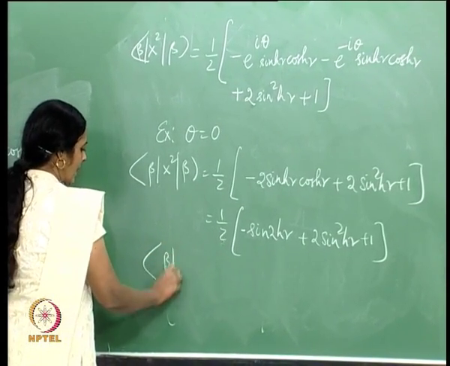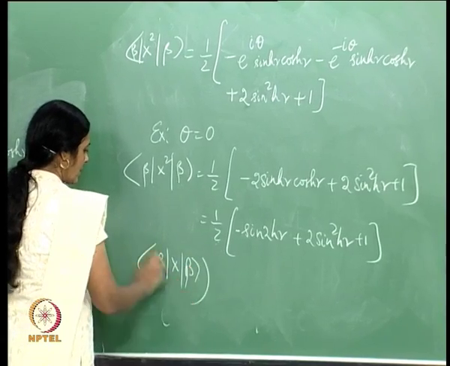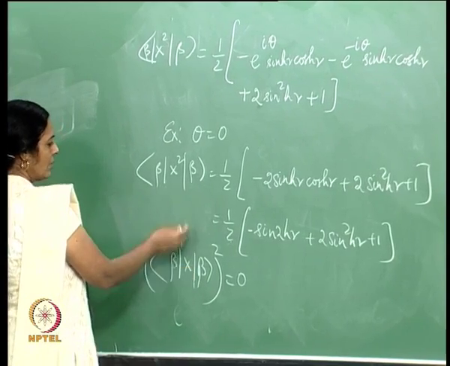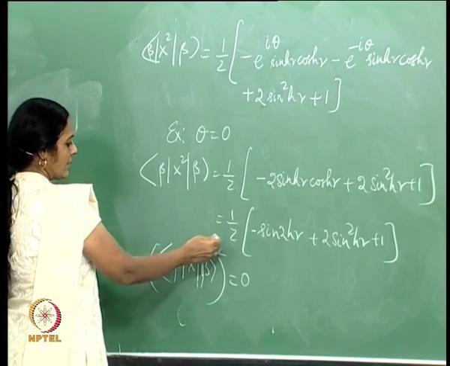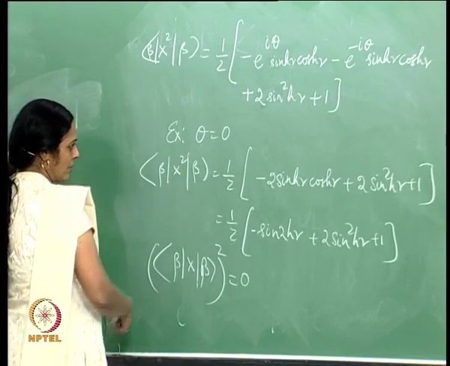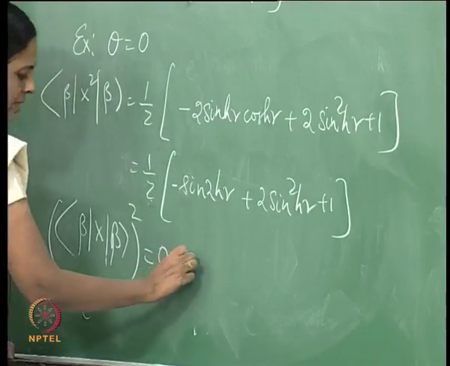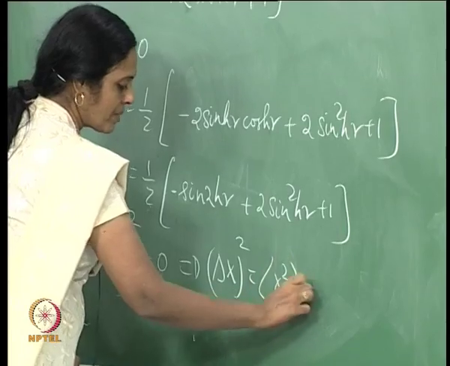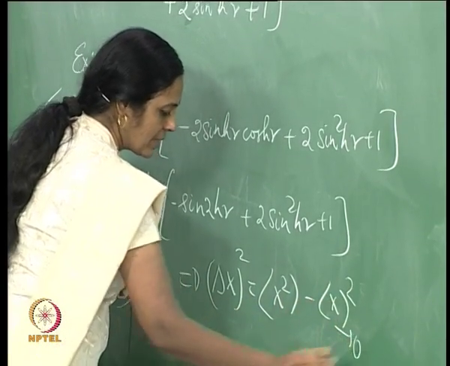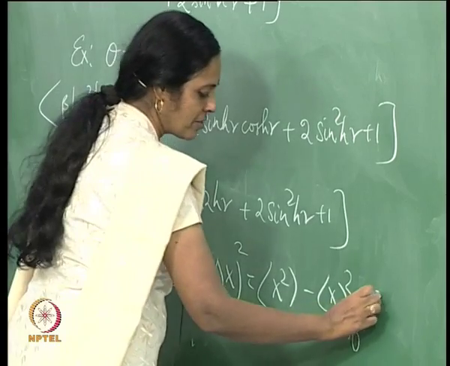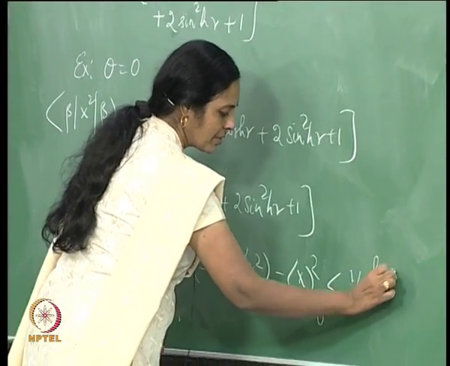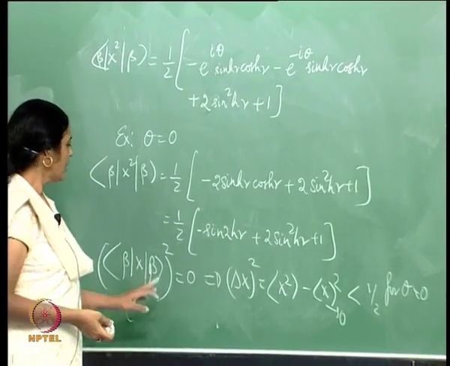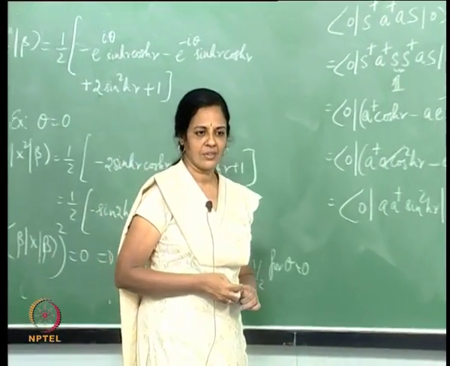Since expectation x the whole squared was 0 because expectation x was 0, and expectation x squared is less than half for this example when theta is equal to 0, this implies delta x the whole squared is expectation x squared minus expectation x the whole squared. Since this object is less than half, it is less than half for theta equal to 0. So, for this value of theta at least, we have seen that there is squeezing in the x quadrature.